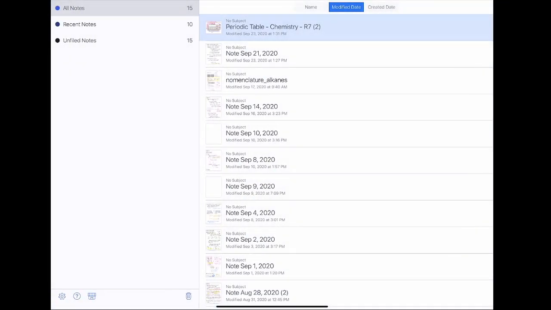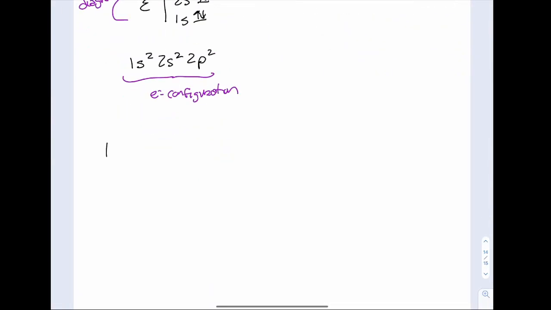So going back, our noble gas shorthand notation.